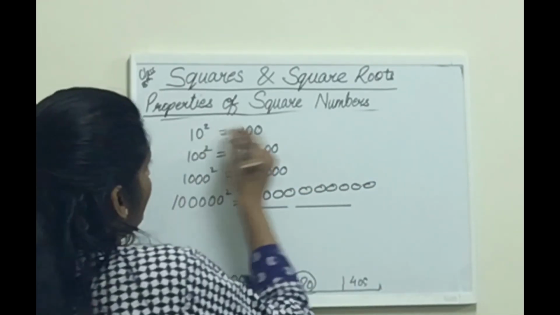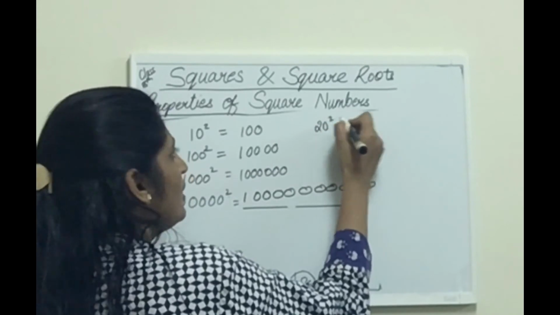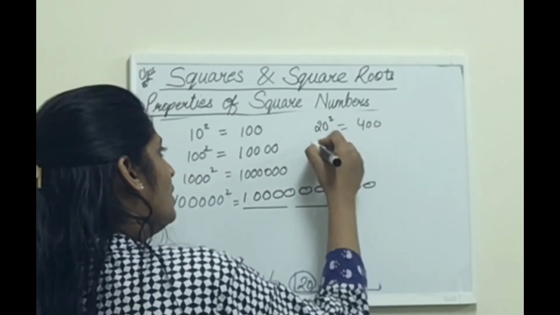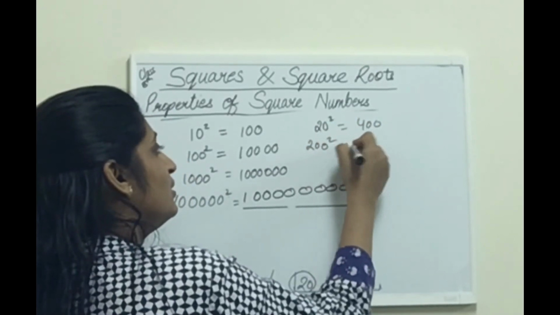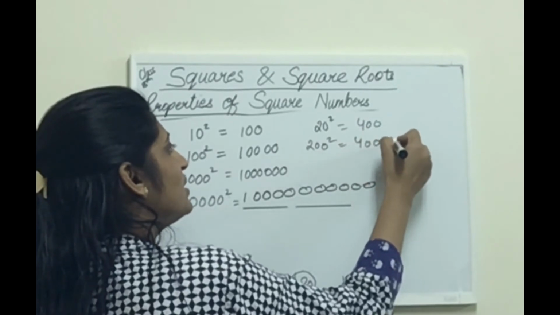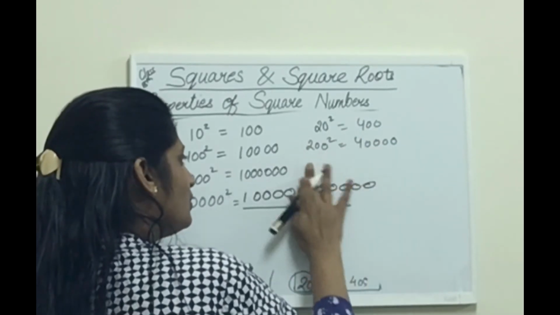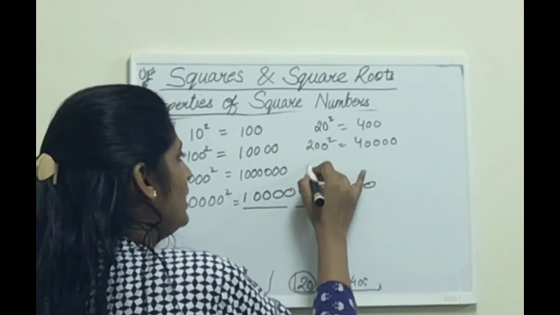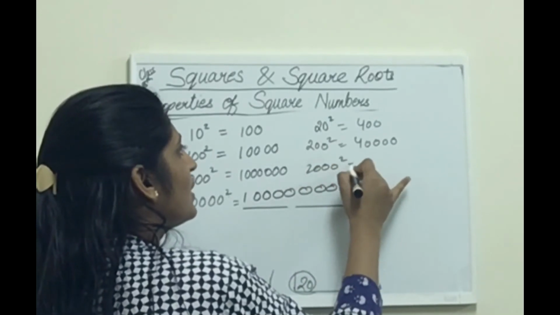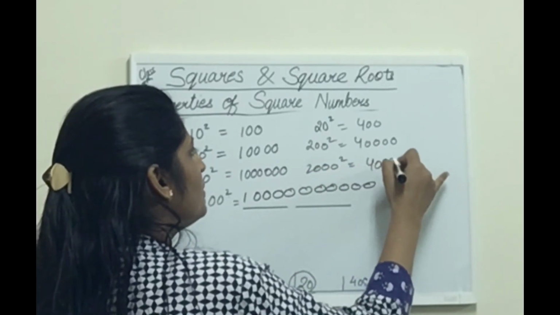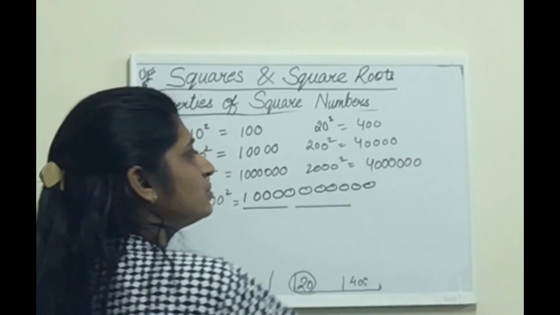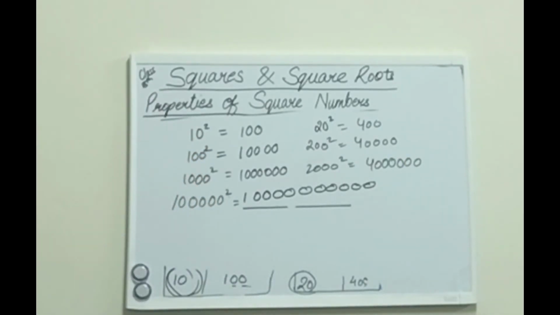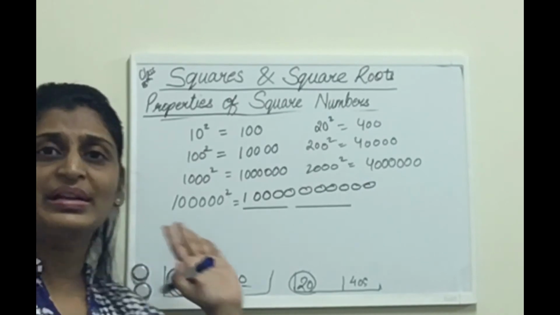And you know, if instead of 10 it would have been 20, you know it's 400. If it's 200, it's 40,000. If it is 2,000, simply put 6 zeros behind 4. And that makes the answer, 4,000,000. I hope you understood what I want to make clear to you all.